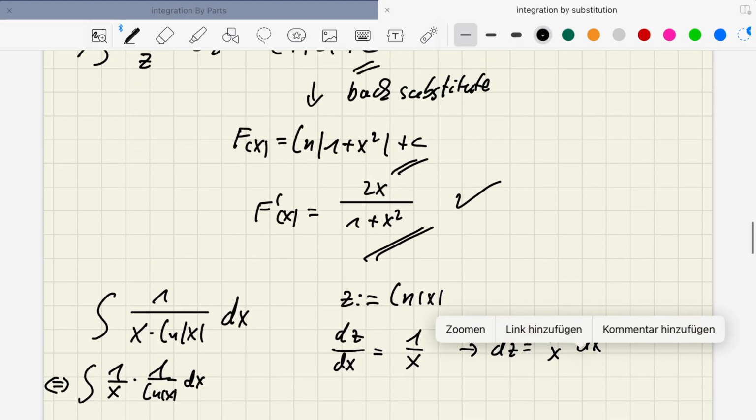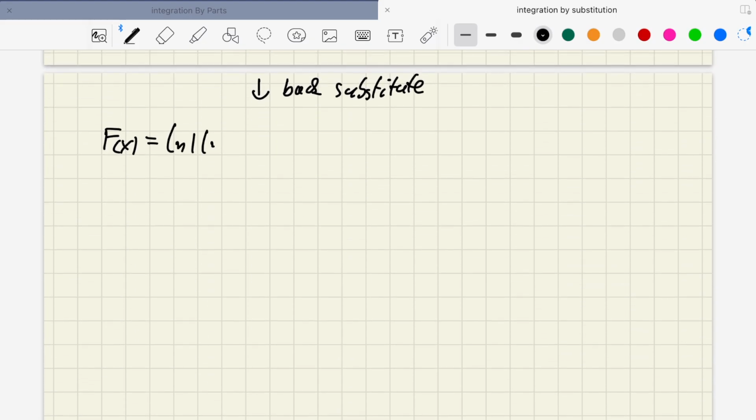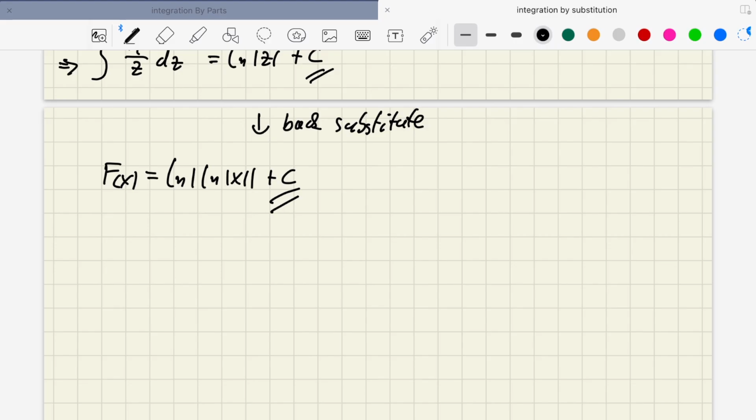What did we substitute? ln x. ln x plus c. So it's like a double logarithmus naturalis. You take the logarithmus naturalis from x, and afterwards you take the logarithmus naturalis from ln x.